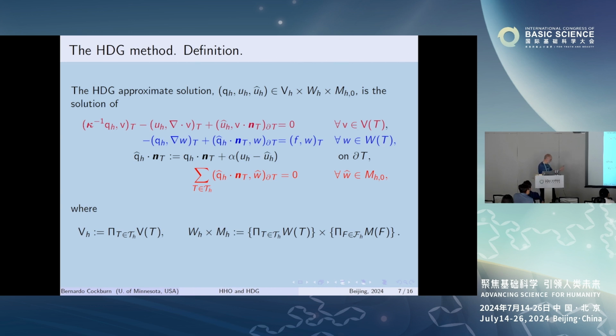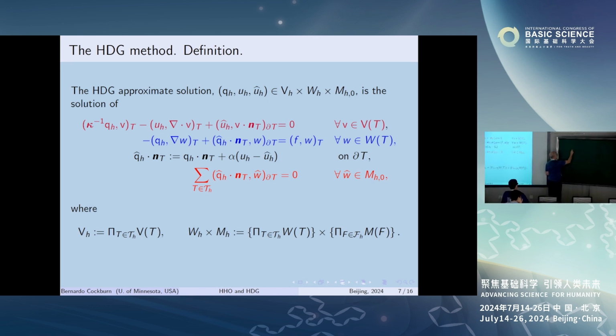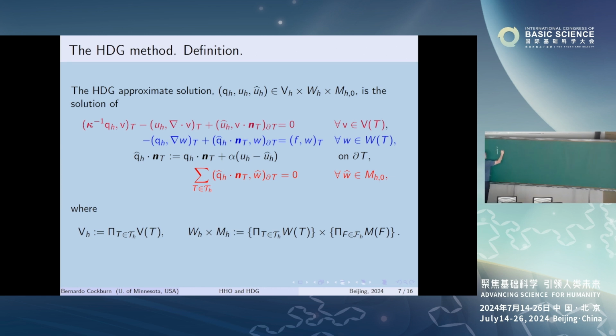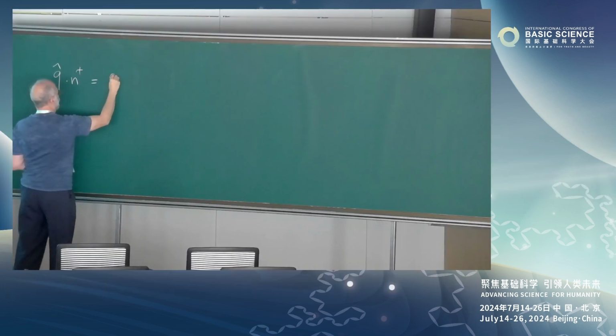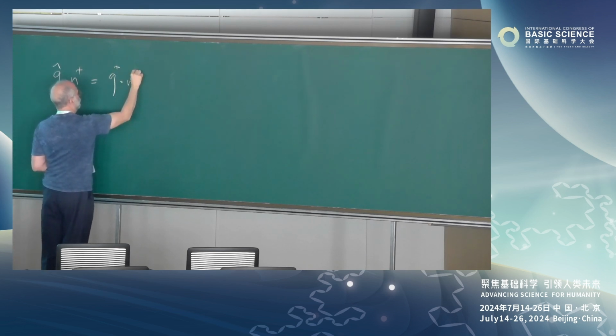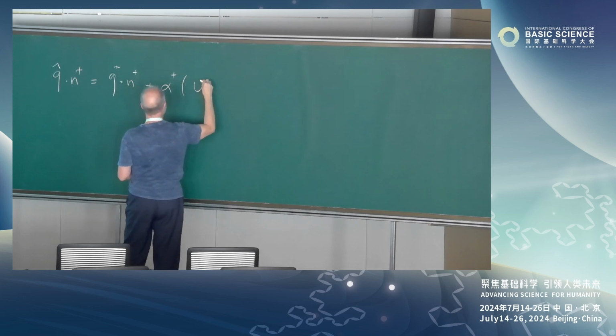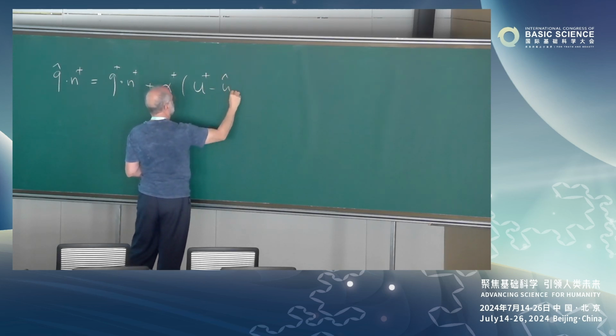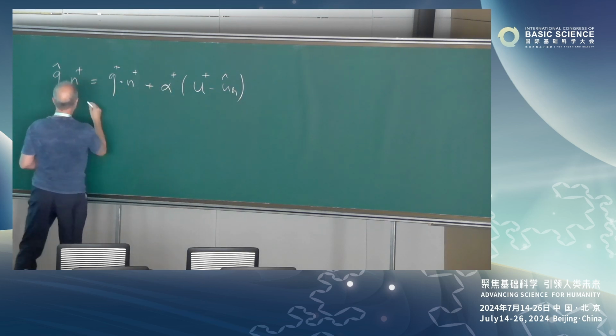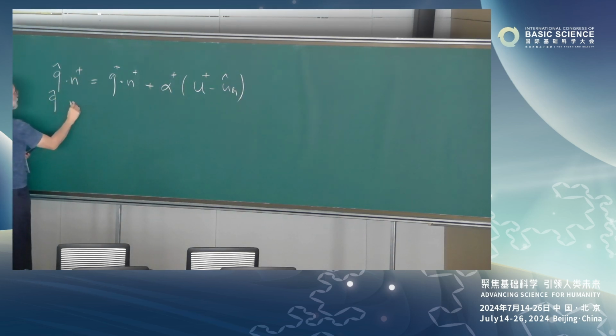Now, let me write for you very quickly here. Okay, so suppose that you have Q hat n plus, and then you have U minus U hat, and you also have the Q hat minus.